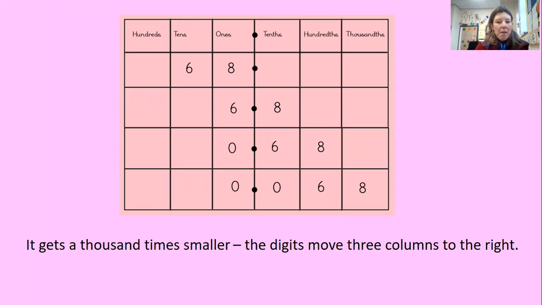And when we divided by 1,000, the digits move down 3 columns, or 3 columns to the right. So the 6 that was in the tens column is now in the hundredths column, and the 8, which started in the ones column, is now in the thousandths column. Again, we need to use zeros as placeholders, so our final answer is 0.068.